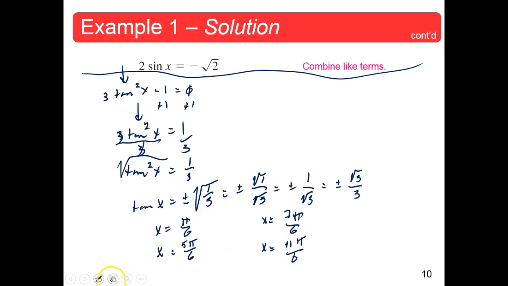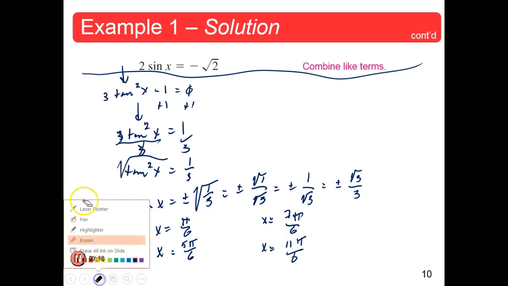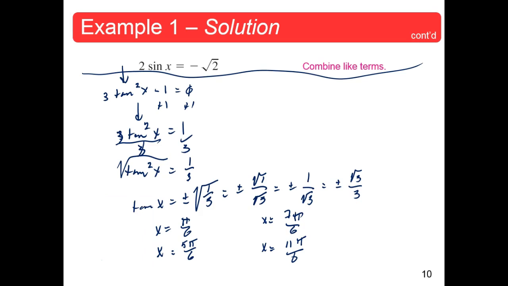Okay, sort of an ugly 11, but let's see if I can clean that up just a little bit. Now, the next question is, what's the period for tangent? Pi, not 2 pi. So this would be plus n pi, and plus n pi, and plus n pi. Since they didn't give you an interval, you always assume this.